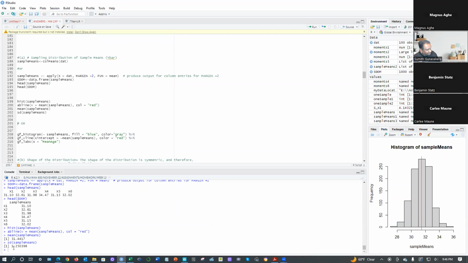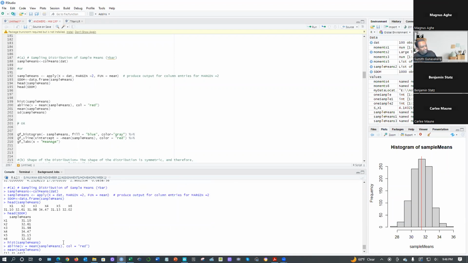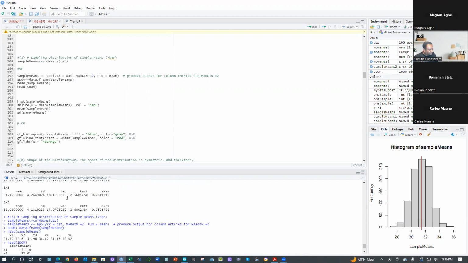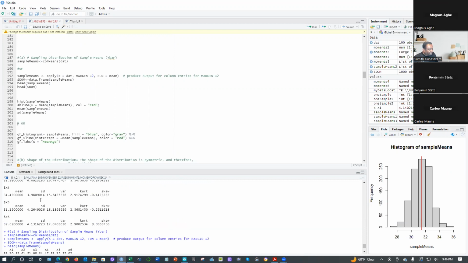It doesn't match, and it doesn't match for a reason: we don't have just one sample, we have many samples in our hand. We don't know which one to pick.